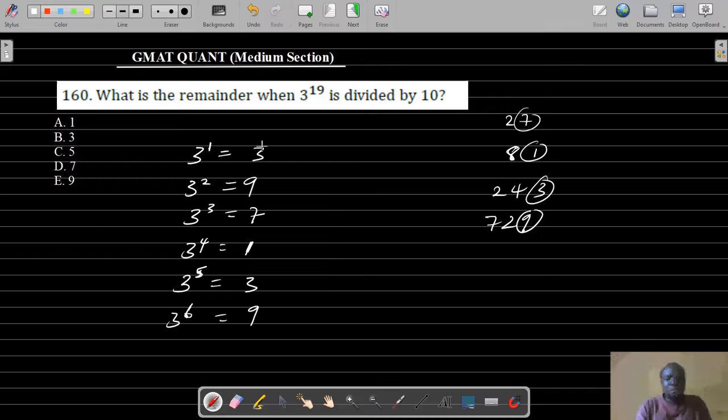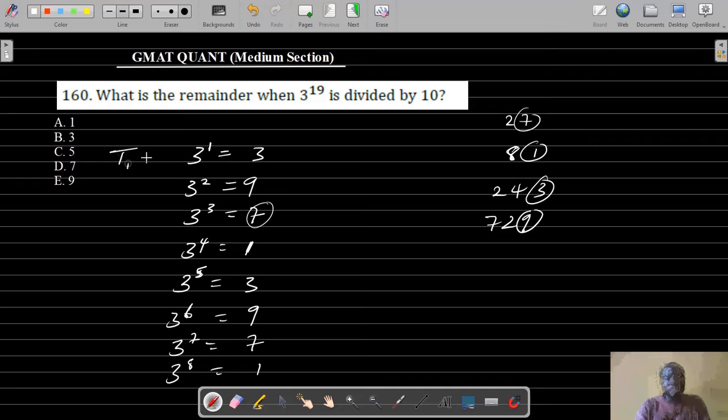As you can see, it is now repeating itself. If you keep on going, 3 raised to the power 7 will have a unit value of 7, because after 9 we have 7. Then 3 raised to the power 8, after 7 the next value is 1, so this will give us 1.